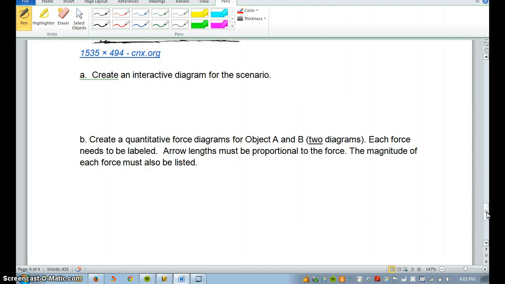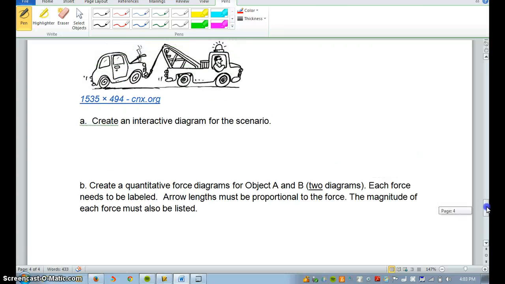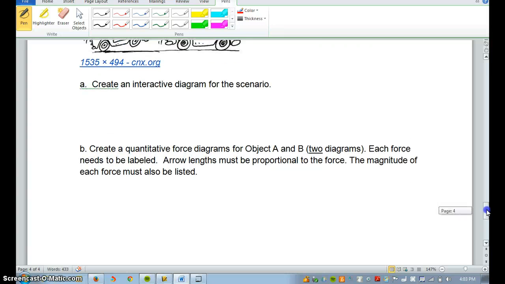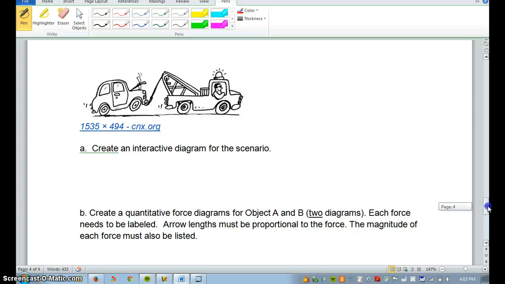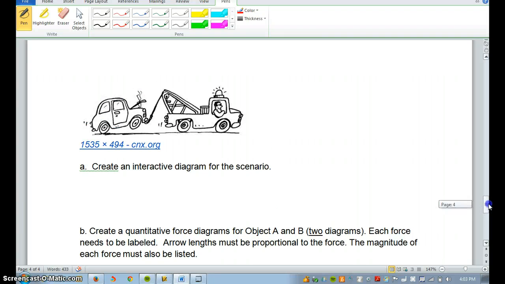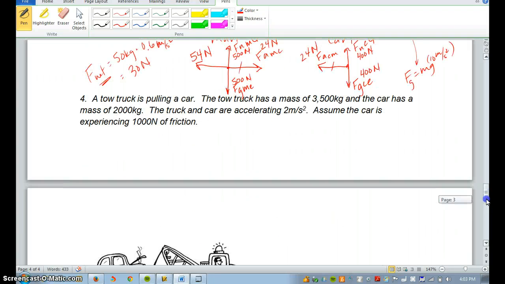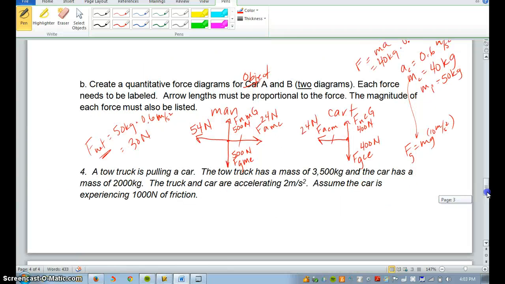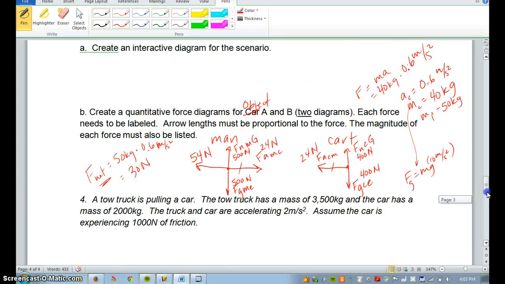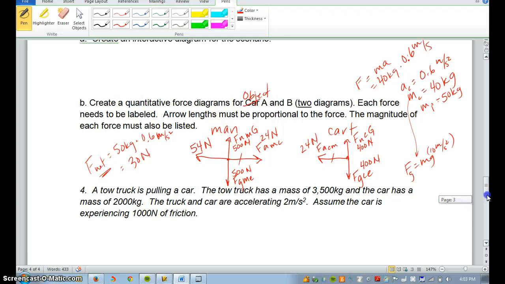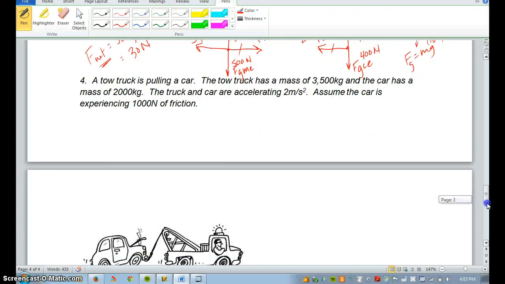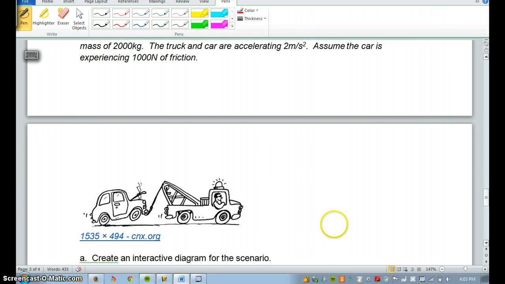Same thing, we have, in this case, a tow truck. You have force diagrams. Let's get the quantities of what their masses are in this one here. The truck, 3,500 kilograms.